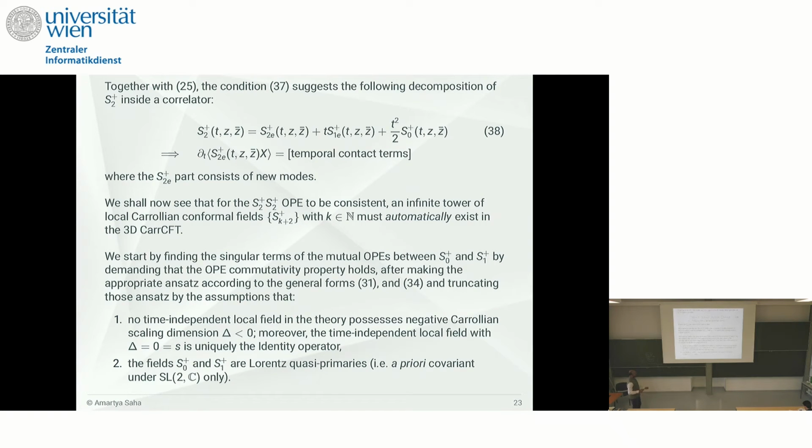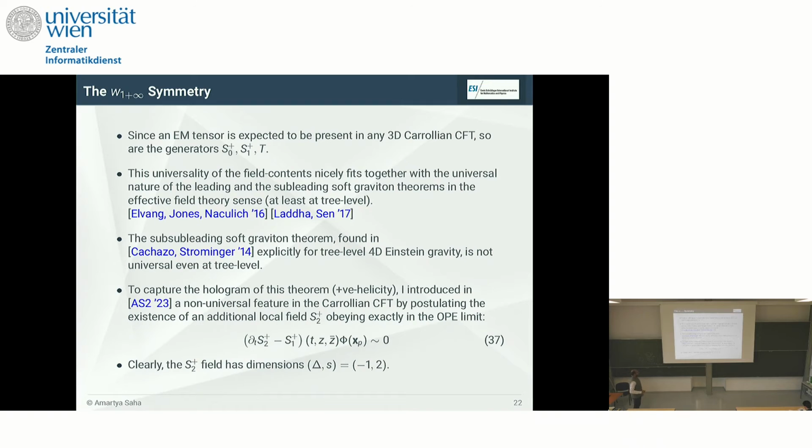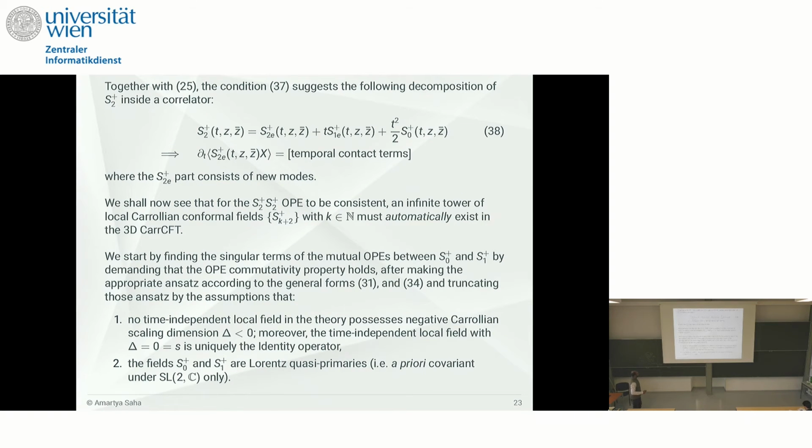But here we see that we already have a negative scaling dimension field, so I cannot just impose that negative delta cannot happen. Instead, I impose that no time independent local field in the theory possesses negative Carrollian scaling dimension. S2 was a time dependent field, so I circumvented that example by imposing that no time independent local field should have negative scaling dimension.